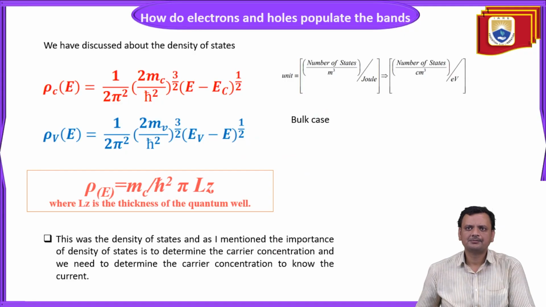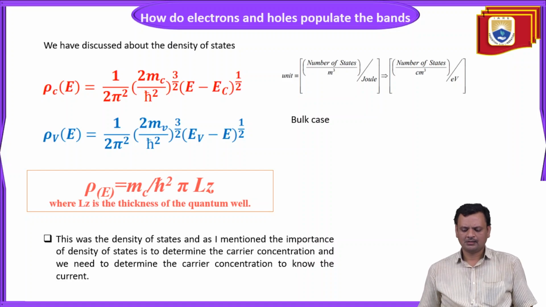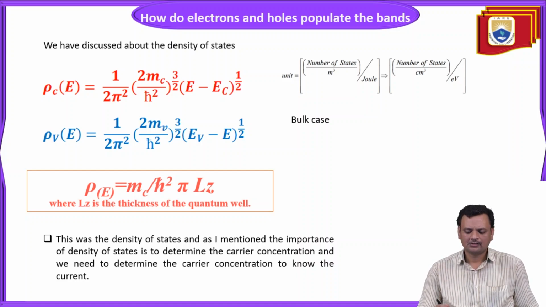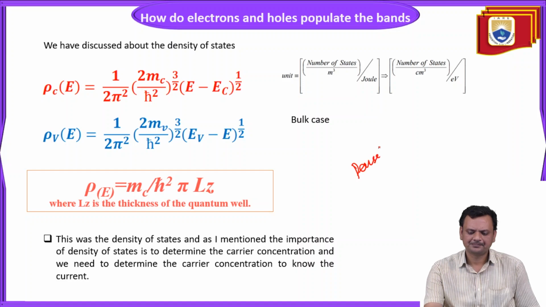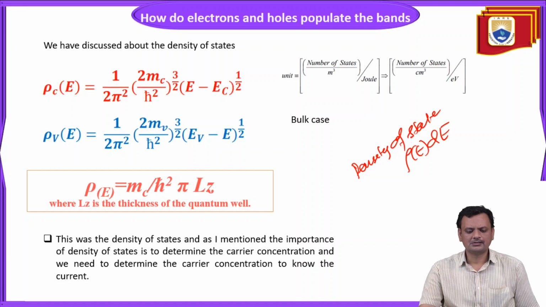So let's start. We already discussed that the density of states rho(E), for a bulk semiconductor, is rho(E) equal to 1 upon 2 pi square multiplied by (2 mc upon h cross square) whole to the power 3 by 2 multiplied by (E minus Ec) whole to the power half for the conduction band.